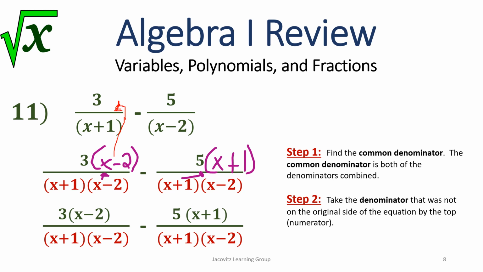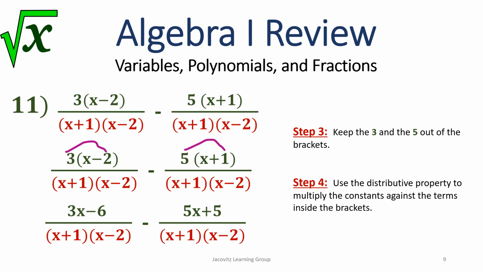It was done here for you in purple, and in that way you can bring this whole x plus 1, x minus 2. Don't get rid of the brackets yet. You don't have an x plus 1 over here, so you have to bring it over here. It's 5 times x plus 1, and then your denominator is the same. 3 times x minus 2, 5 times x plus 1. Keep your denominator the same for now. And here are the steps on the side.